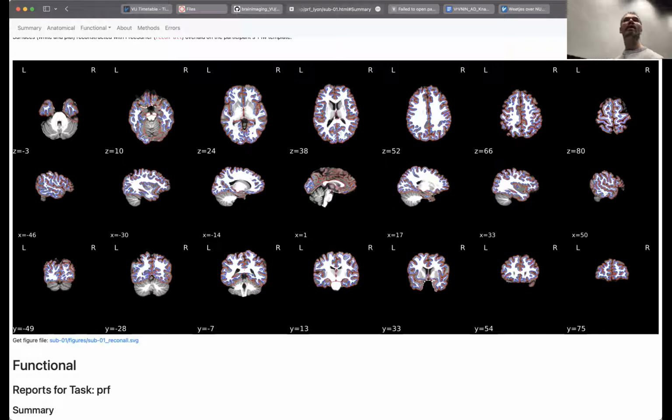But just as a reminder, you might think that it's easy for a computer to find these boundaries between tissue types because it's so easy for us to do so by eye, right? Oh, I see that, right? But in many cases, scans are pretty inhomogeneous, so a computer gets lost very, very quickly.